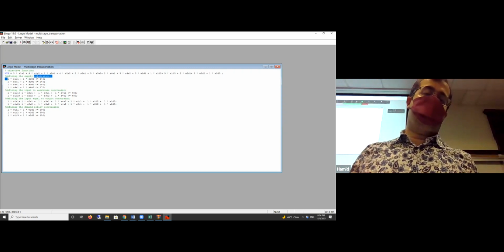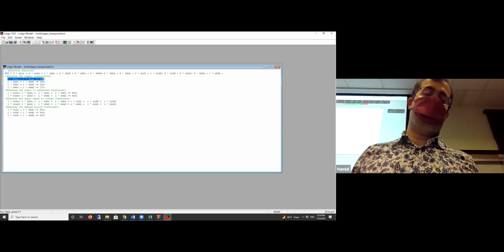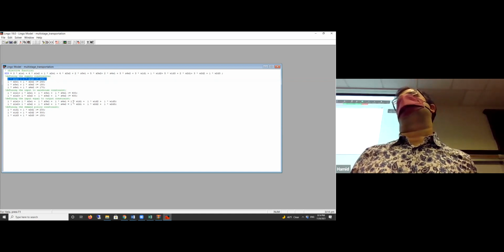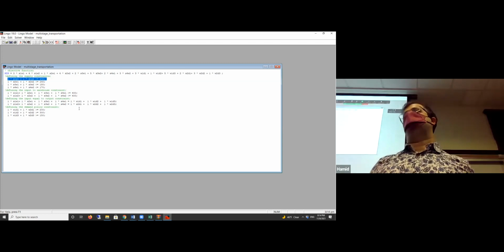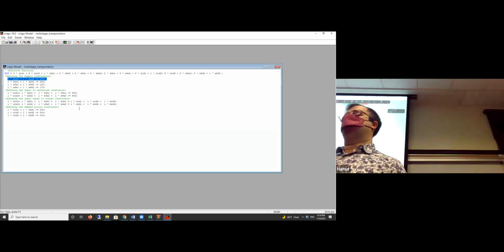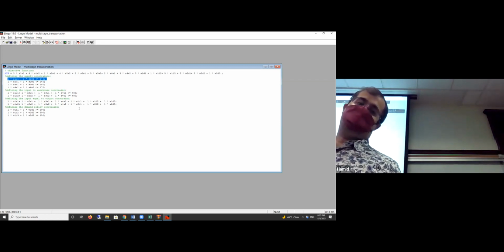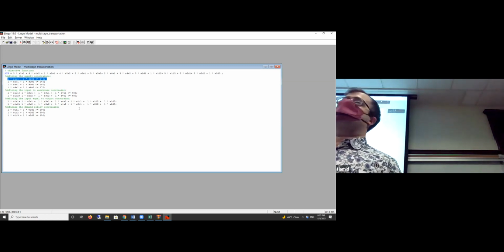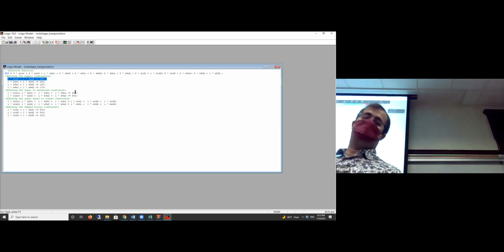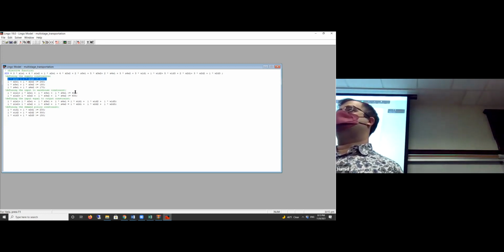Can anyone interpret the first line? 1 times S1W1 plus 1 times S1W2 should be less than or equal to 240. What does it mean? Yeah, exactly. S1W1 means Orlando to Denver. S1W2 means Orlando to Springfield.